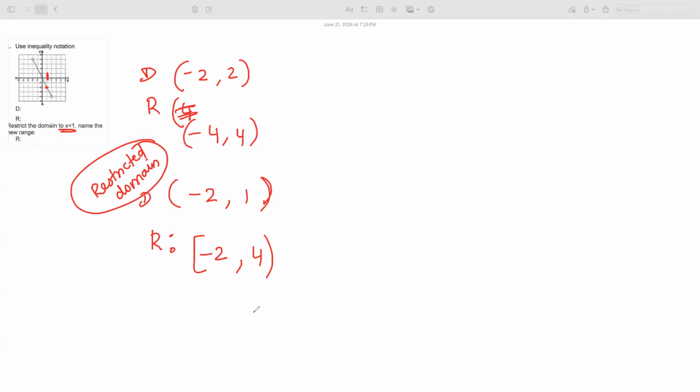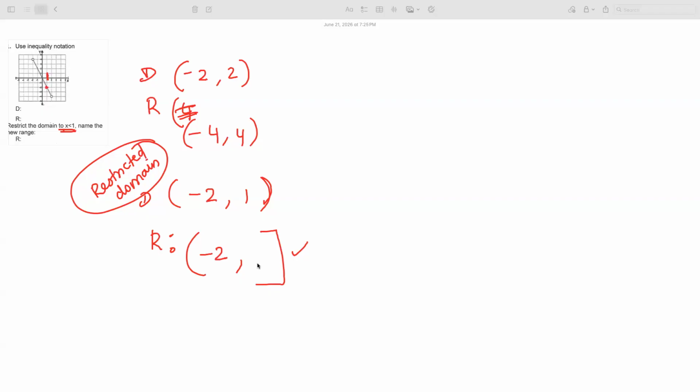Shouldn't the -2 be parentheses in the range? Yeah. I'll check. -2. Oh yeah, -2 is a parenthesis. I'm so sorry. Thank you. This should be the other way, right? Correct? Wait. Restricted domain. The range becomes what? -2 to 1.